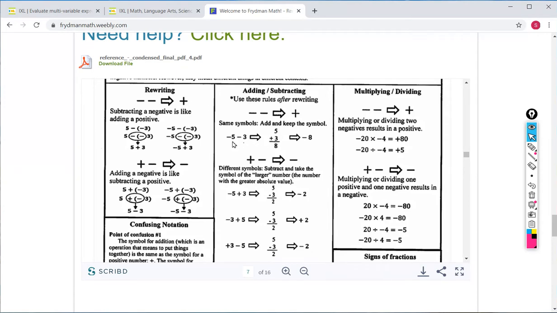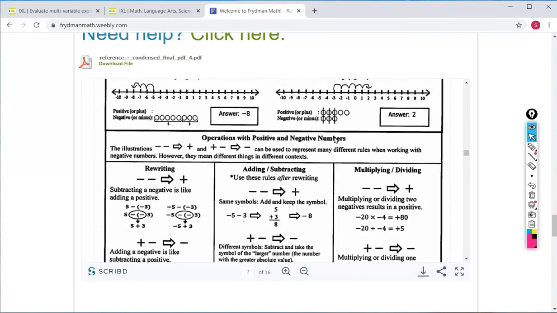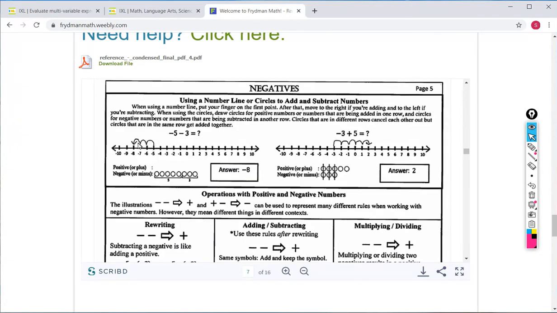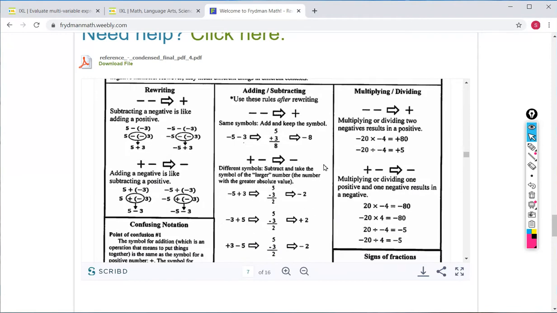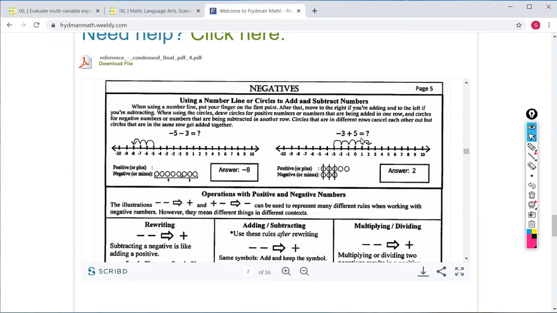Not -5, but just add 5 and 3, and you get 8, and keep the symbol. The symbol here was a dash, or we'll say a negative, so the answer would be -8. That follows from what you would find on the number line. If you're not sure about the rules, just draw a number line and work it out that way. You could also use this circle strategy down here.